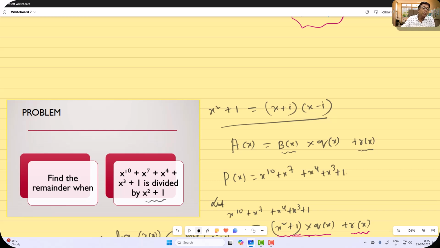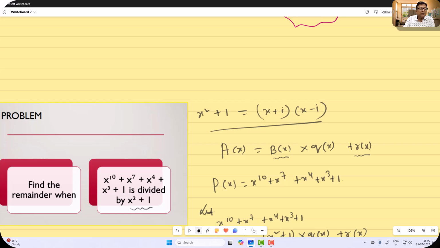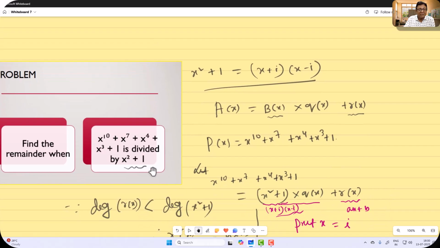Then how to divide this polynomial by x square plus 1? We have already avoided the long division, so we will take the help of the remainder theorem, factor theorem.